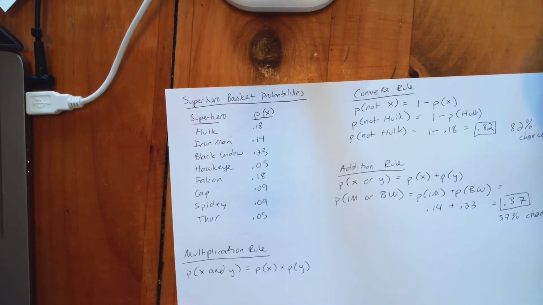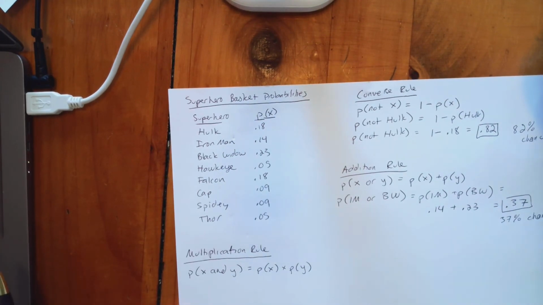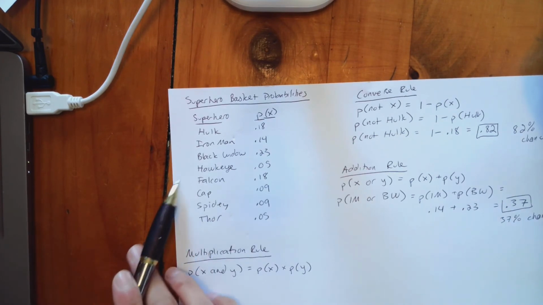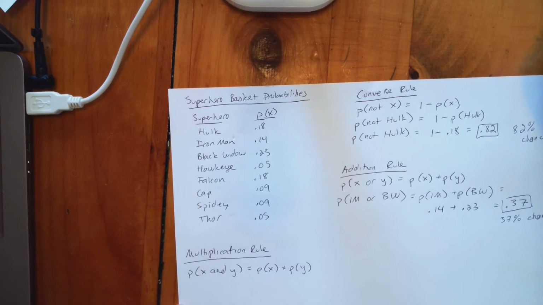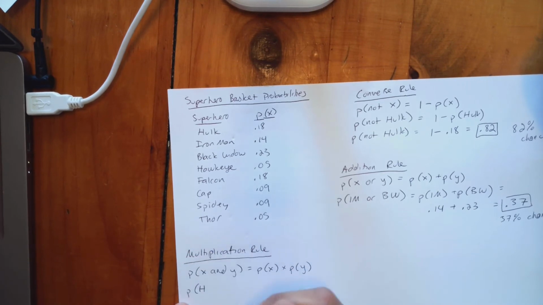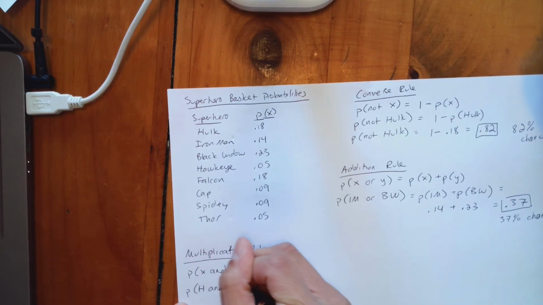So let's say we want to find the probability that we're going to get a Hawkeye and then a Falcon. What's the probability of getting Hawkeye and Falcon?